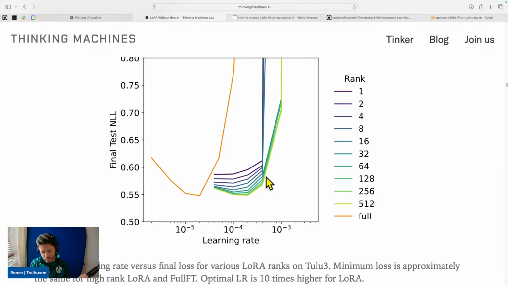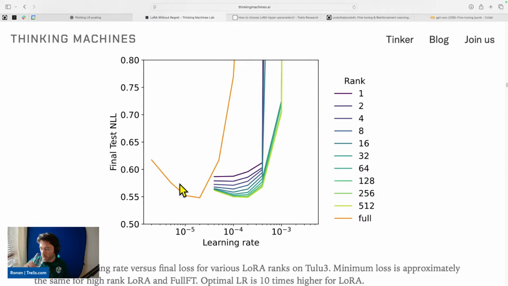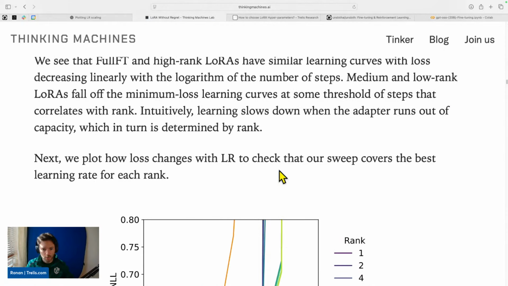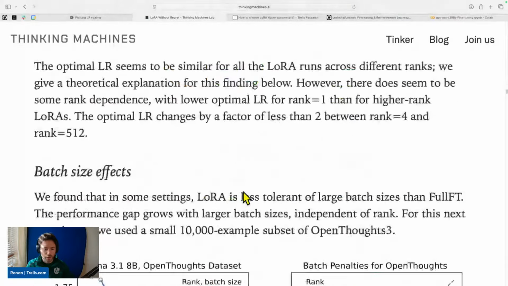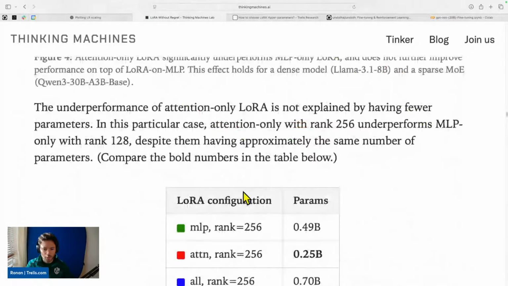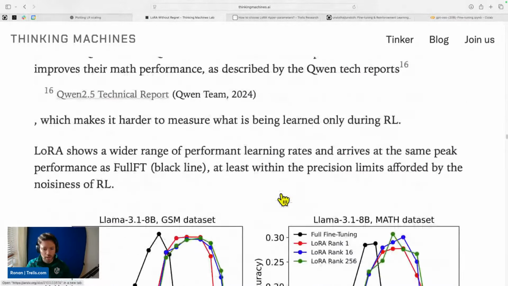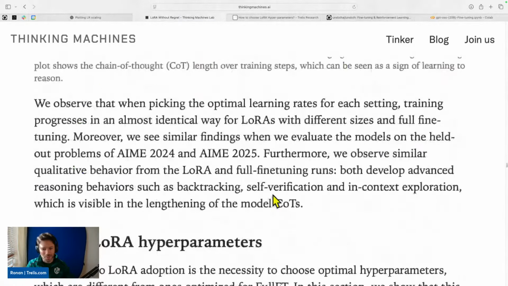Now, the second thing you can see is it appears from this graph that with LoRA, you should tune at much higher learning rates than the full fine-tuned model. However, this is largely because this is the learning rate that's being applied, but the learning rate that the adapter is seeing is actually multiplied, and it's multiplied according to that equation we saw, which is alpha over r times A times B. And I'm doing the scrolling thing again.